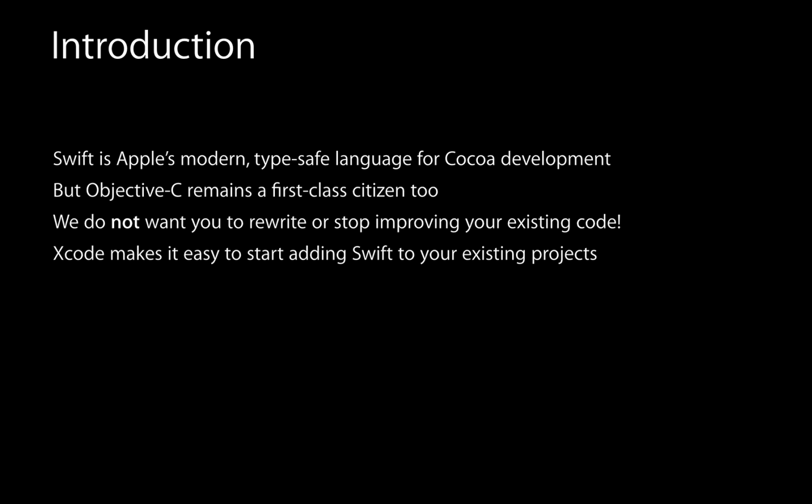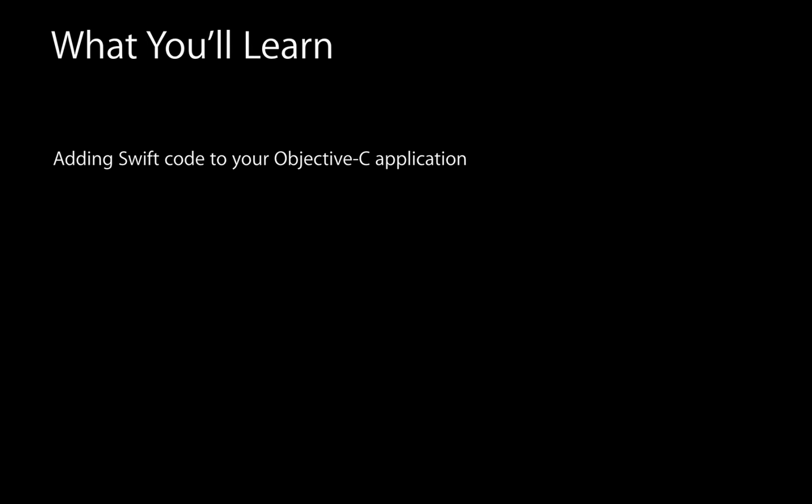So in this session, over the next hour, we're going to be talking in a little bit more detail than what you've probably seen so far about exactly how that works in practice. We're going to start simple by just introducing some Swift code into an existing Objective-C app. Then we'll get a little bit more interesting. We're going to start to add some Swift code to a model-level framework, which is then embedded in an Objective-C app, and call that from Objective-C.